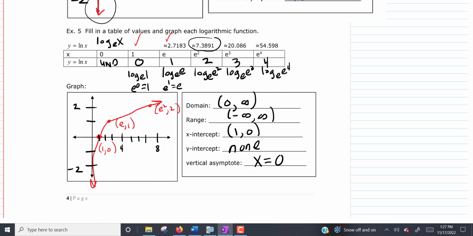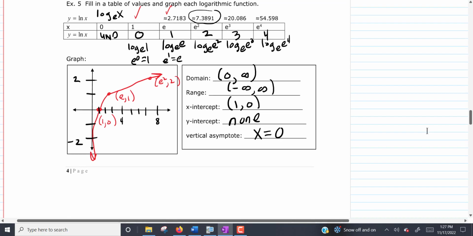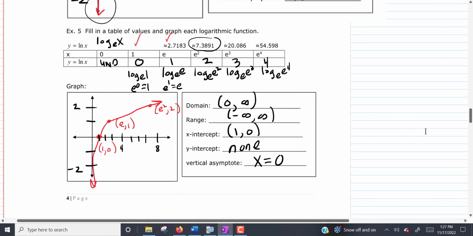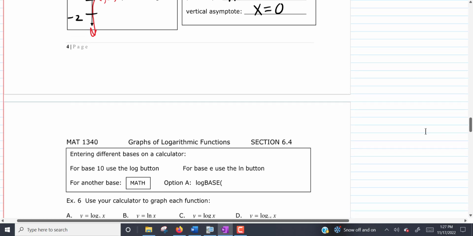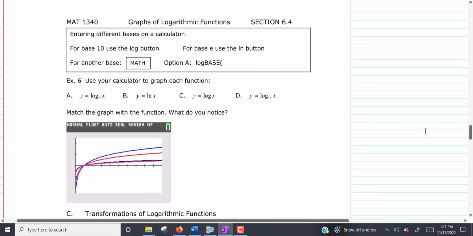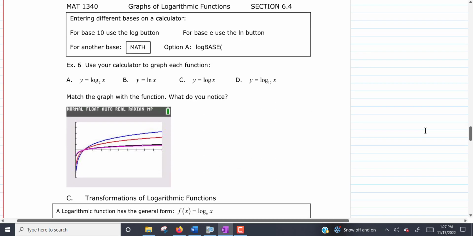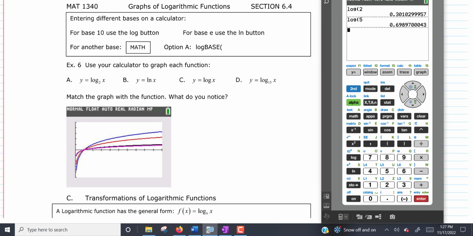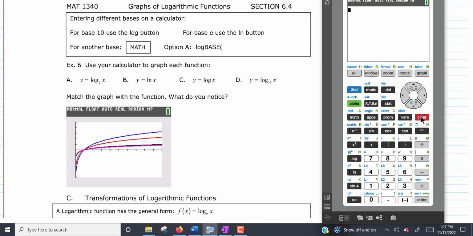Okay. All right. Now, the only other thing I want to do in here is some transformations and just show you what you can do on your calculator to enter other bases. Okay. So let me just get your calculator out, and this should be in the same location for everything.